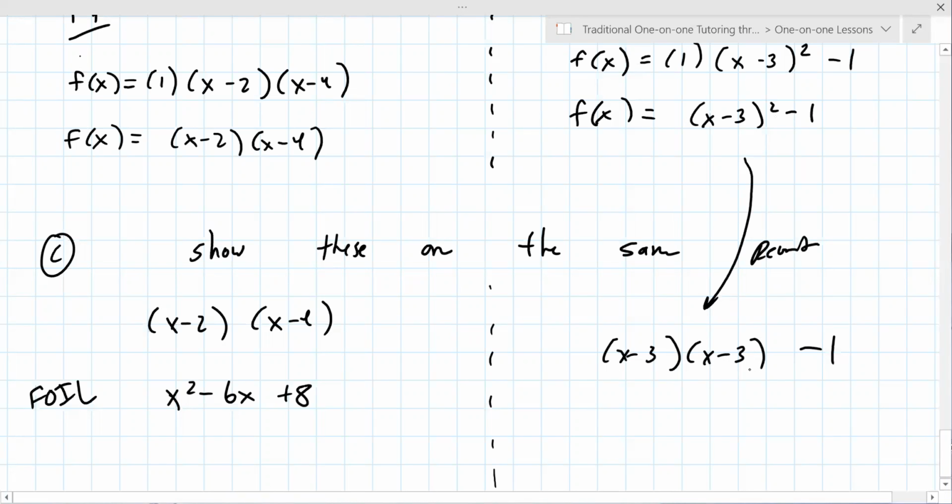Do not square and square. You will get the wrong answer every time. x minus 3, x minus 3: x squared minus 3x minus 3x, x squared minus 6x plus 9.